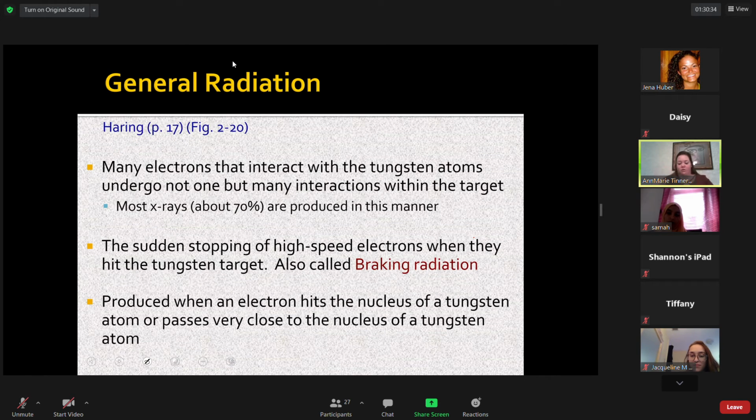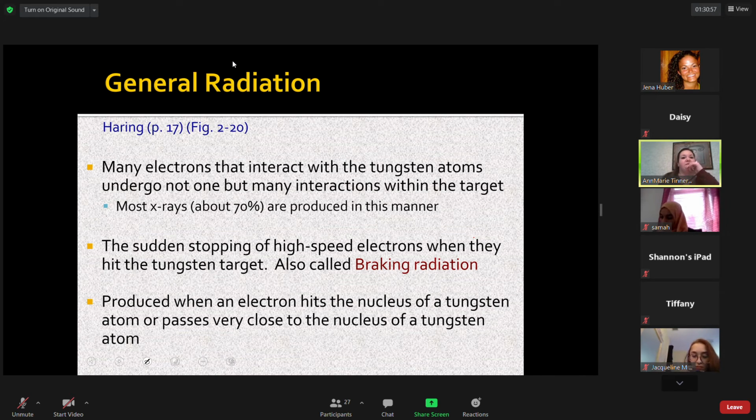All right, your general radiation is many electrons that interact with the tungsten atoms, and they undergo not one, but many interactions within that target. This is where 70% of your X-rays are produced.